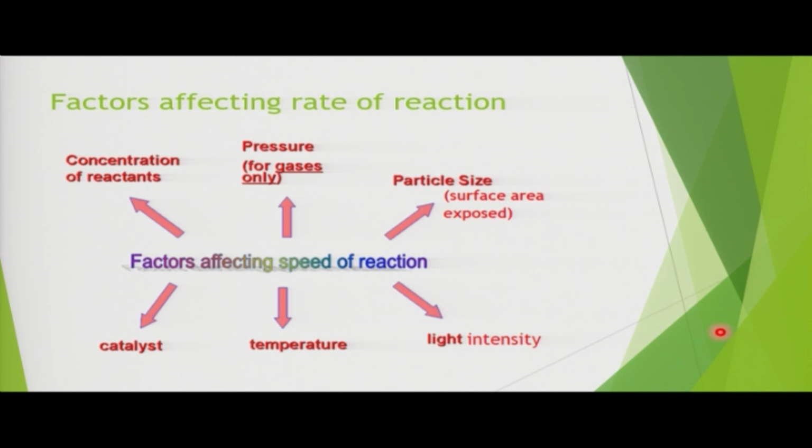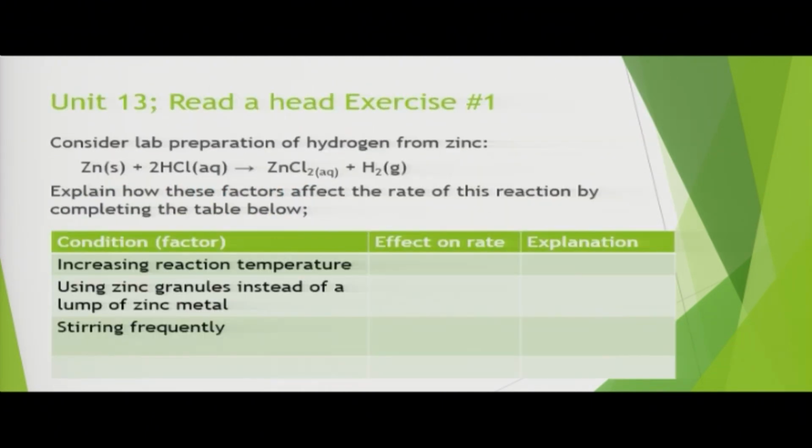So the read-ahead exercise I'm leaving you is to help you enlighten your mind. When we come to discuss, then you're not so blank. What is that read-ahead exercise saying? We're still having our zinc with HCl forming hydrogen gas. So the question is, how are these factors affecting the rate of this reaction?